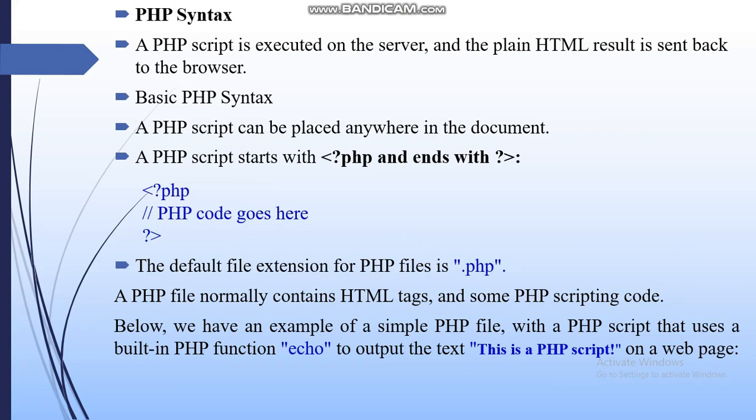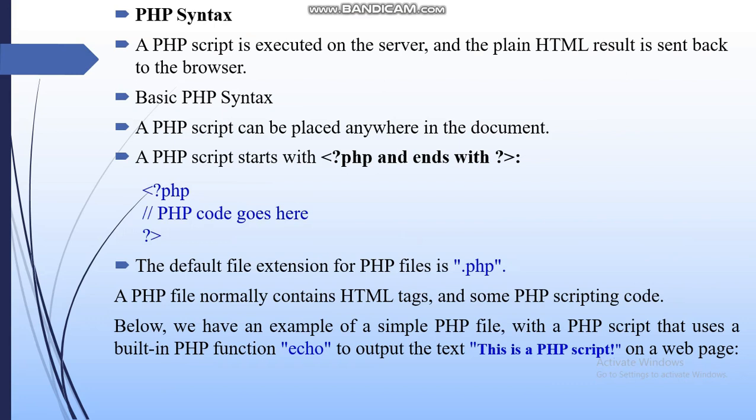What is the syntax of PHP? How to write PHP code? A PHP script is executed on the server and the plain HTML result is sent back to the browser.